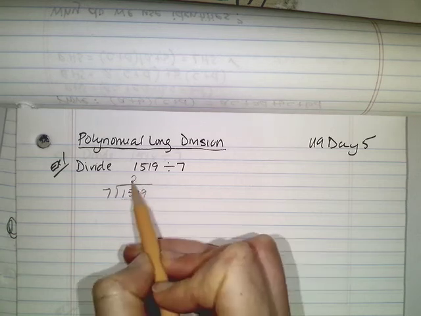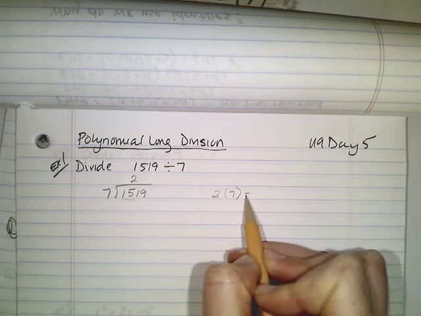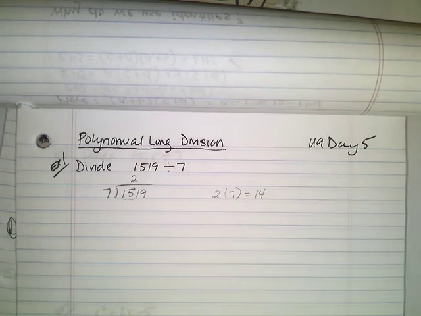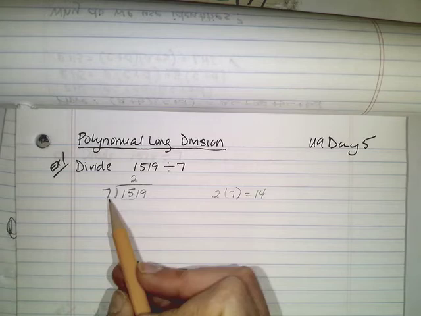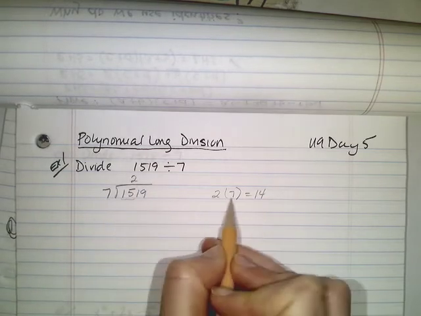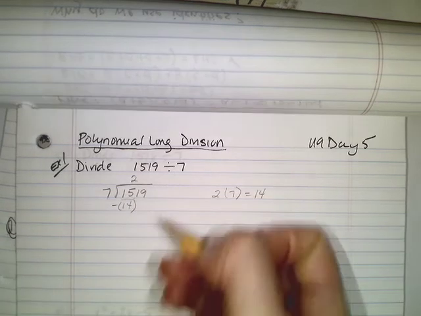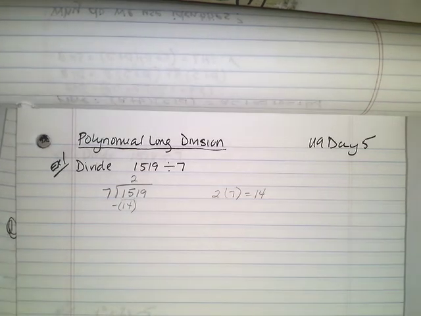It goes in twice, and over here, yes, I know we know how to multiply 2 times 7, but I want to be very consistent here. So 7 times 2 is 14. We then multiply these and then take away the 14. 15 minus 14 is 1.